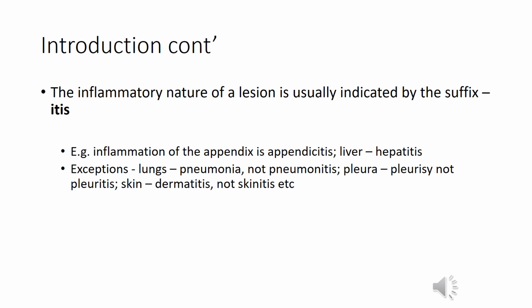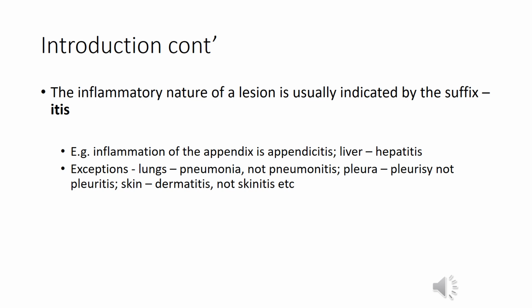Usually that description is derived from the cell type or the tissue type that is inflamed. The liver cells are known as hepatocytes, and therefore inflammation of the liver would usually be referred to as hepatitis. If it is inflammation of the appendix, again from the word appendix, then you would say appendicitis.